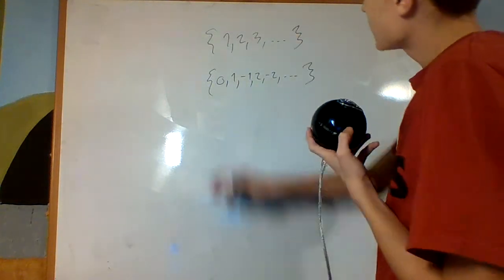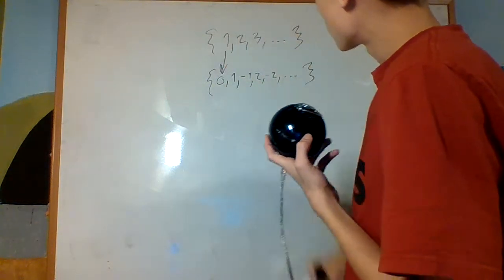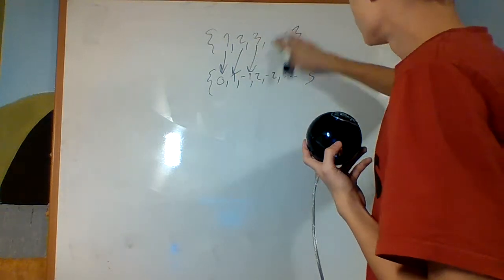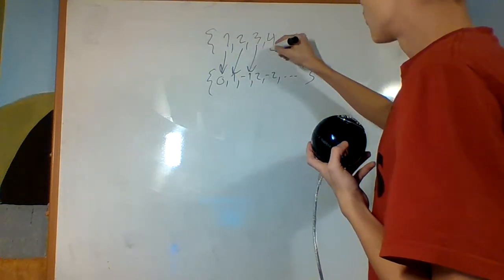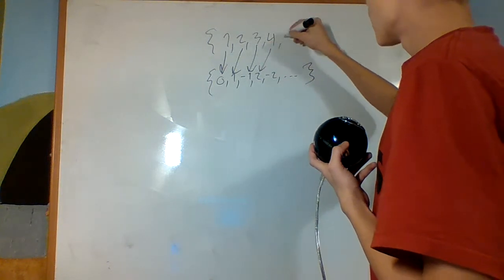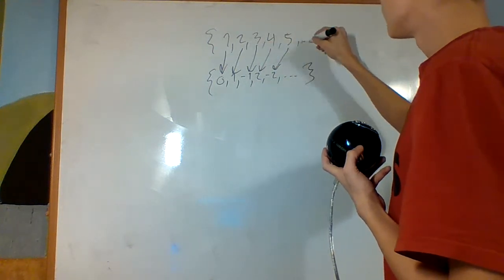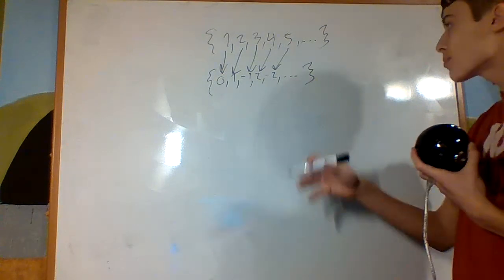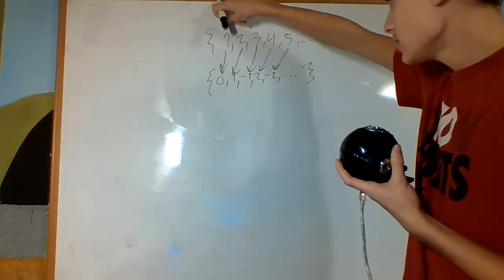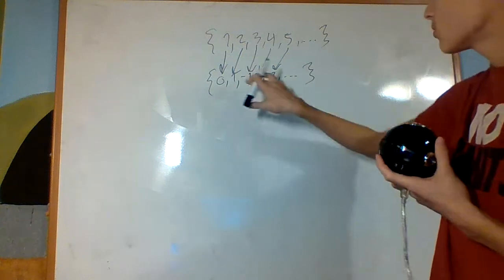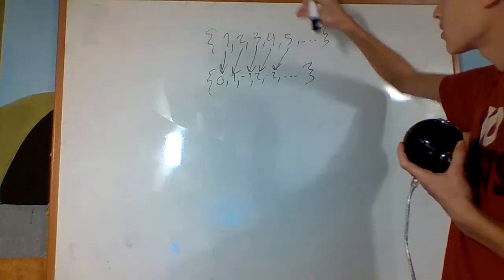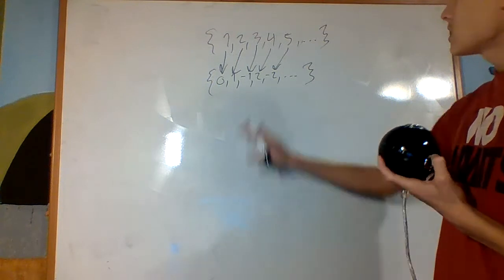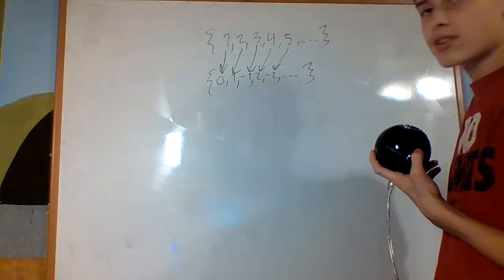Because I can create a bijection. 1 goes to 0, 2 goes to 1, 3 goes to -1, 4 goes to 2, 5 goes to -2, and so on. How is this a bijection? Well, each one goes to a unique one of these, and every one in this is mapped to by one of these. So this mapping is bijective, therefore they're the same sizes.